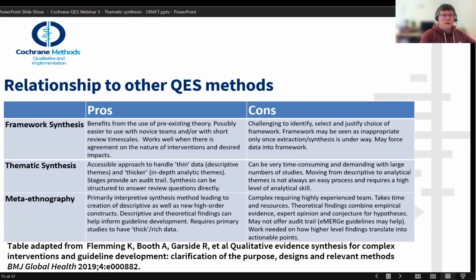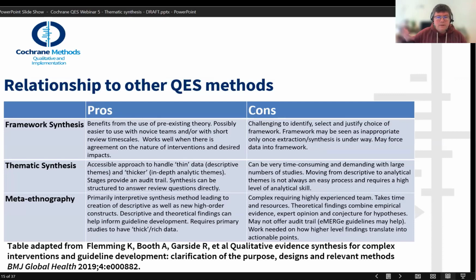And then going down in terms of the interpretive content of the methods, meta-ethnography is probably the most interpretative method that we've got on the list here. It's really good for considering theoretical findings. It does require some pretty good data at times.